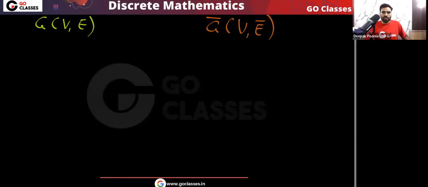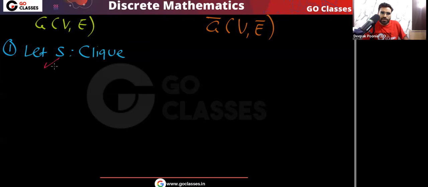Very simple. Okay, so now you consider in the graph G, let's assume that S is a clique. Let S be a clique. So in the graph G, S is a clique. If S is a clique, what does it mean?